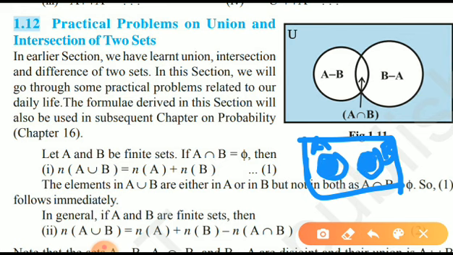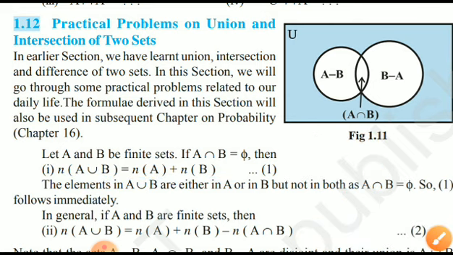No, because A intersection B is empty, that means the number of elements in A intersection B is 0. So if A and B are disjoint sets, then n of A union B is equal to n of A plus n of B. Clear?